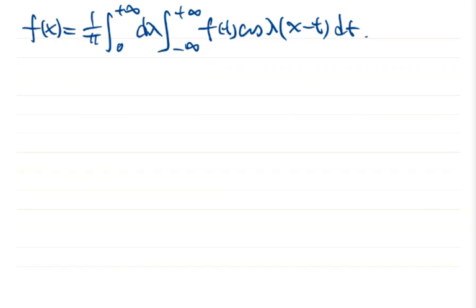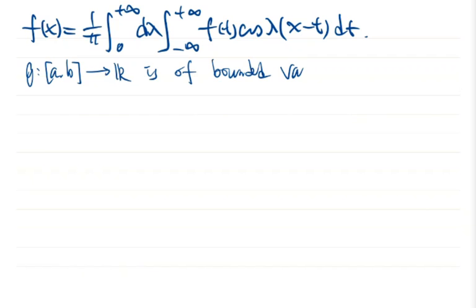Before that, we introduce a useful concept, the so-called bounded variation function. G defined on the interval is of bounded variation, denoted by G belongs to BV[a,b]. That is, we use BV[a,b] to denote the set of all bounded variation functions over the interval [a,b].